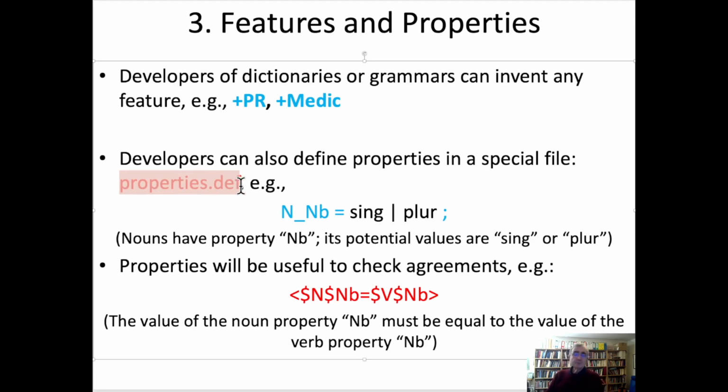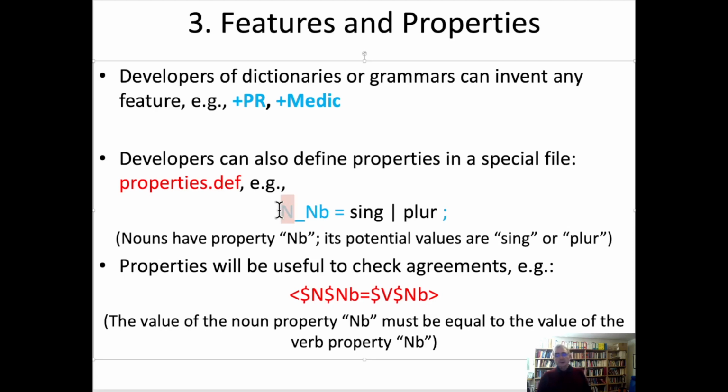So for example, here this line would say something like, nouns can have property NB, number, which has value either SING or PLUR. And from now on, NooJ knows that SING or PLUR are valid values for the property NB.